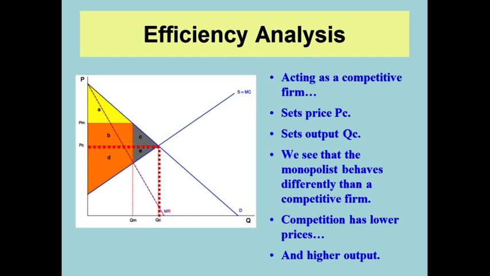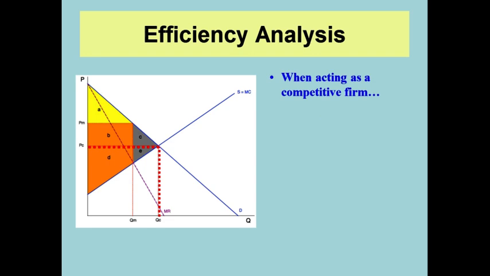Now let's look at consumer and producer surplus. So when this monopolist is acting as a competitive firm, that's important to keep saying, when we're forcing them to behave competitively, we see consumer and producer surplus are going to be different than when they act as a monopolist.